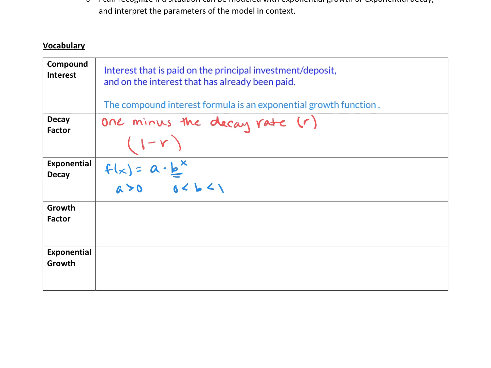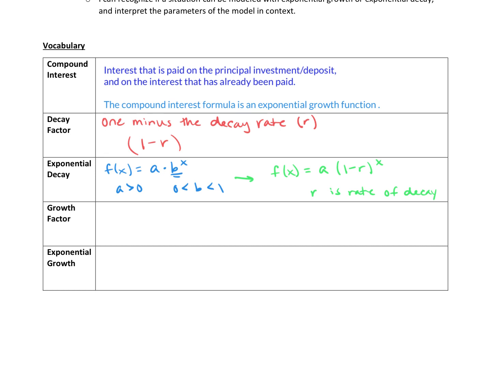So when our a value is greater than 0 and the b value is between 0 and 1, that's going to be exponential decay. And we can write our function specifically for decay. So a times 1 minus r raised to the x power, and r is the rate of decay. That's going to be a percent value that we will turn into a decimal.